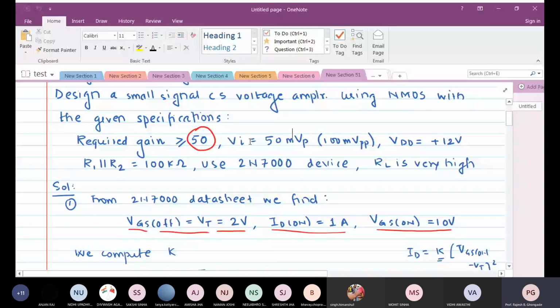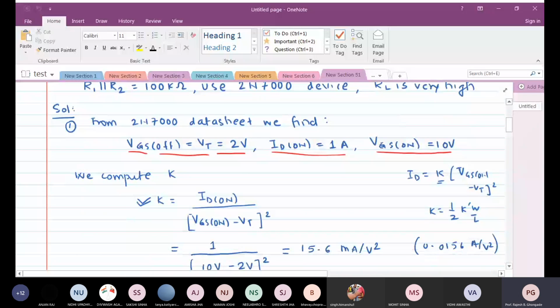Input signal is 50 millivolts peak or 100 millivolts peak to peak. The supply is plus 12 volts VDD, and R1 parallel R2 should be 100 kilo ohms. You are supposed to use the 2N7000 device, and RL is going to be very high.